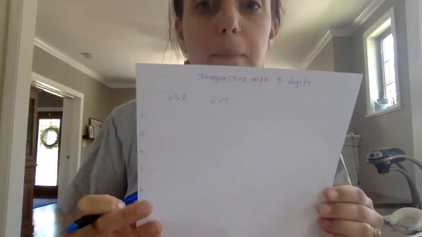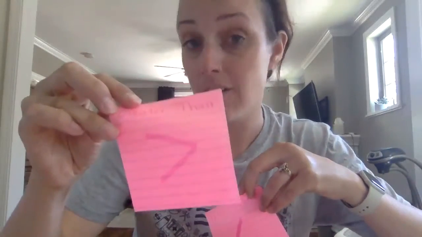I'm going to write that on my paper, and then I'm going to decide which of my inequality symbols would go in between those 2 numbers. Is my first number, 652, is it greater than 649, or is it less than 649? Well, I know that 652, although they both have 600s, my 652 has 5 10s, while my 649 only has 4 10s.